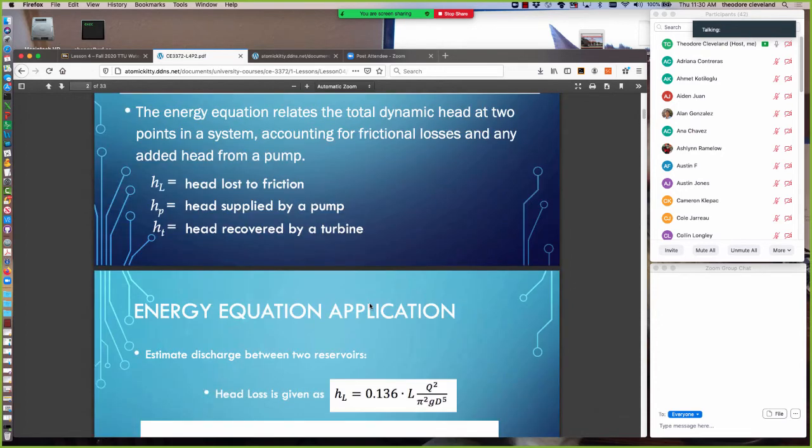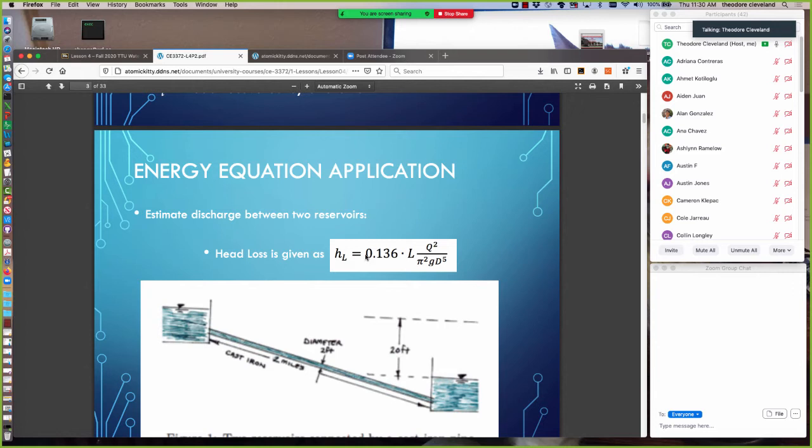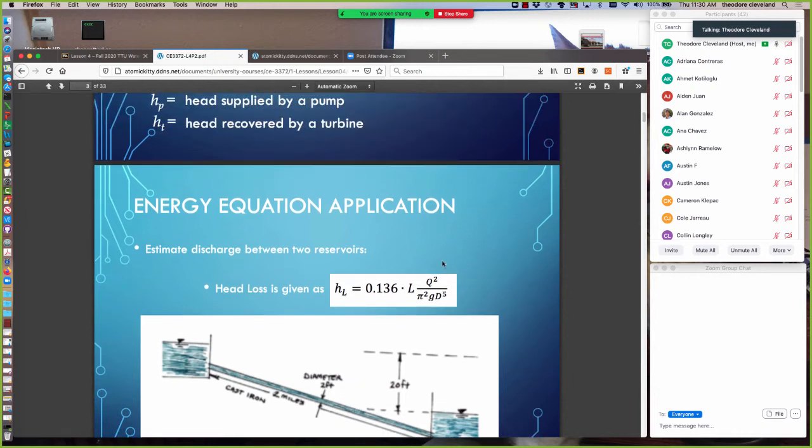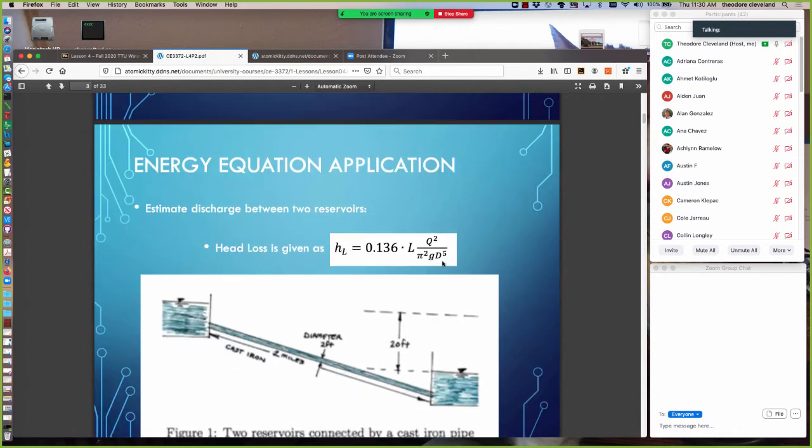And then we have head loss is equal to, someone did some work for us, told us it's equal to 0.136 multiplied by the length, multiplied by Q squared, divided by pi squared G d to the 5th power. And that head loss term is a particular head loss model. It happens to be the Darcy-Weisbach model, but it's a model of head loss.